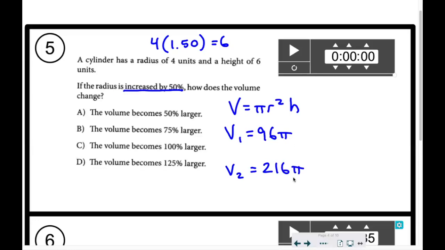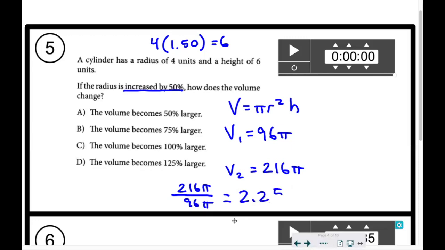And then what I want to do is figure out how much it changes. What I like to do in these is simply divide them. So 216 pi divided by 96 pi, and 216 divided by 96 is 2.25.